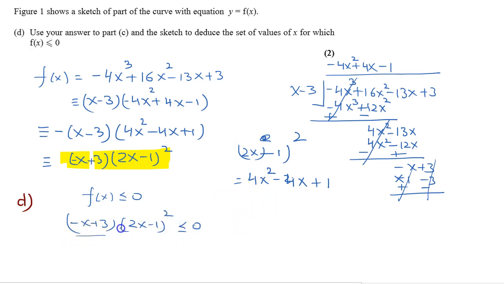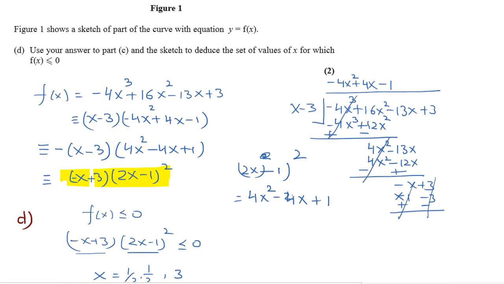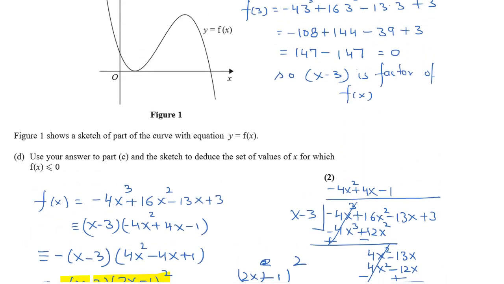Now let's talk about this. First this one. We have x is equal to 1 over 2 and 1 over 2 and 3. So let's go to the graph. We know that when two values are repeated, it touches, so it is half.